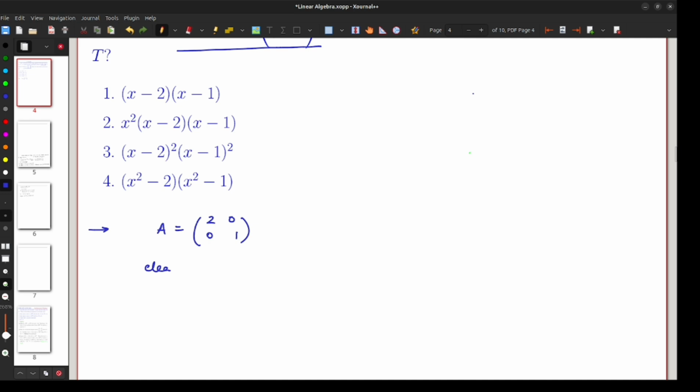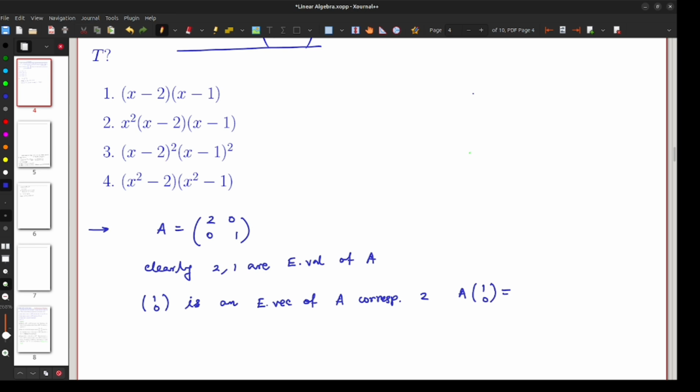So clearly 2 and 1 are eigenvalues of A. The vector 1 0 is an eigenvector of A corresponding to the eigenvalue 2, because if we multiply A by the vector 1 0 from the right side, then it will be the first column of A. That means the vector 2 0, and we can write this as 2 times the vector 1 0.